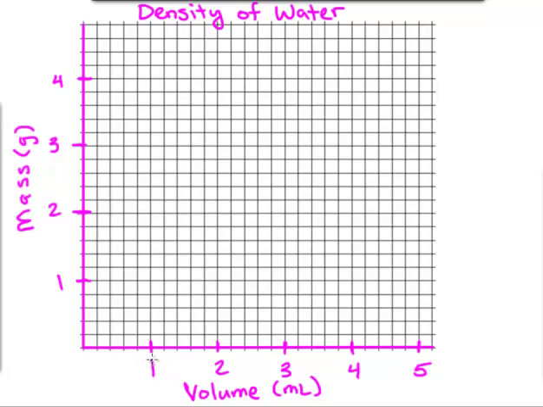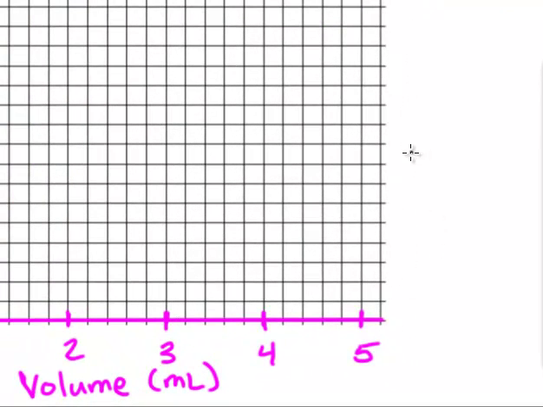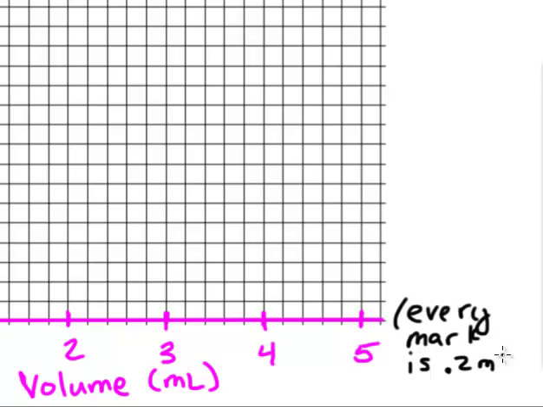That represents 1, 1.2, 1.4, 1.6, 1.8, 2, 2.2, 2.4, 2.6, 2.8, 3, and so on. So a little side note is that every mark is 0.2 milliliters.